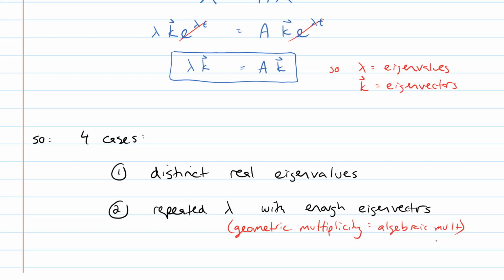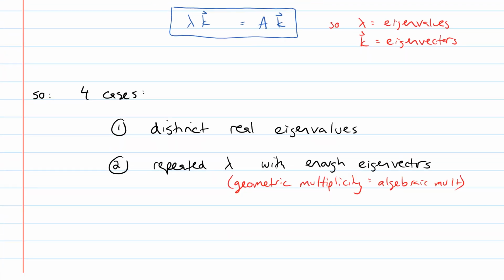Then the geometric multiplicity is the number of eigenvectors that are associated with that eigenvalue. And when you find that there's enough of those, then you'll have, for example, in a 3 by 3 matrix, when you do all the eigenvalues and eigenvectors, you're going to get 3 eigenvectors in total. And so that's all very convenient.